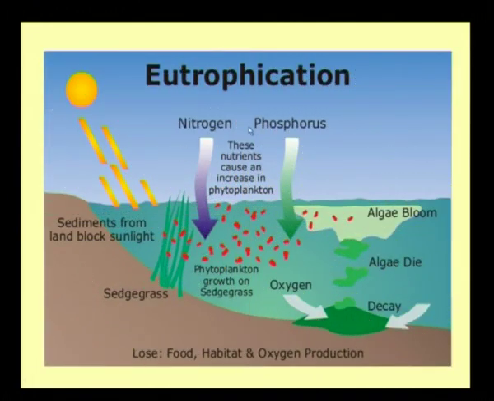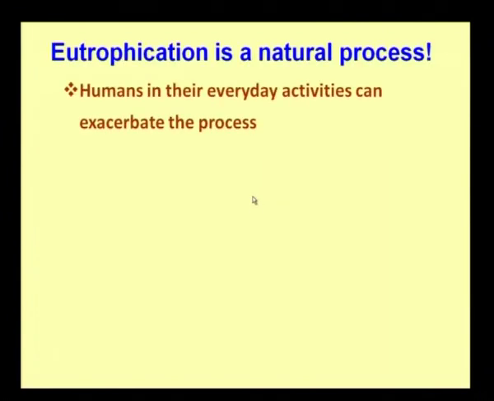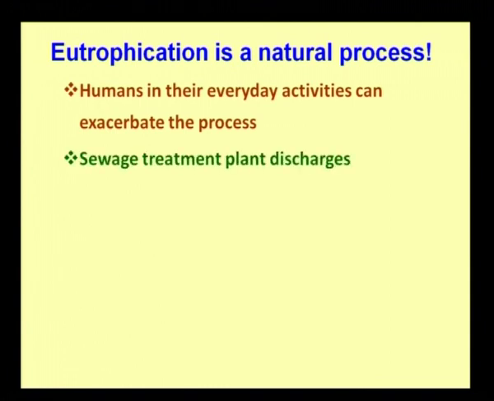Now, the same thing is depicted by this diagram, and actually eutrophication is a natural process, but humans in their day-to-day activities can exacerbate the process. Actually, eutrophication is not caused only by human beings, but humans in their day-to-day activity can enhance the eutrophication process.